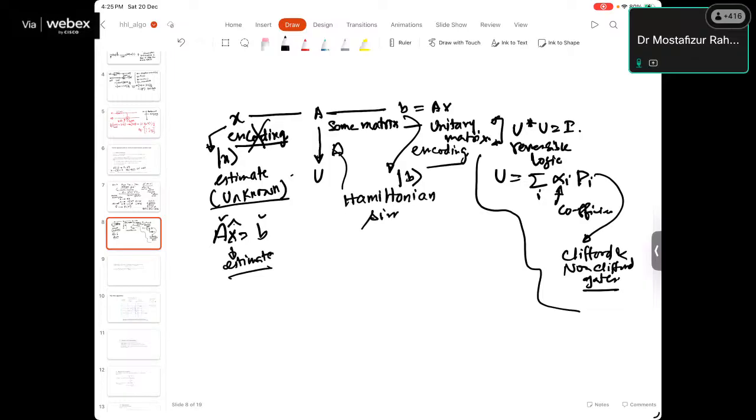Hamiltonian simulation protocol, which converts a Hermitian matrix or a symmetric matrix A to U. And you can ask what if it is not a symmetric matrix.